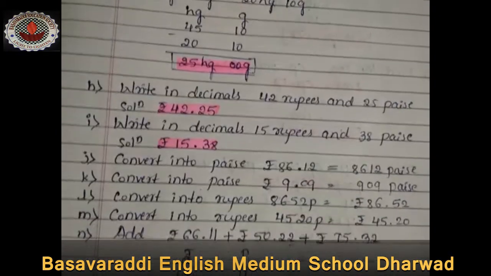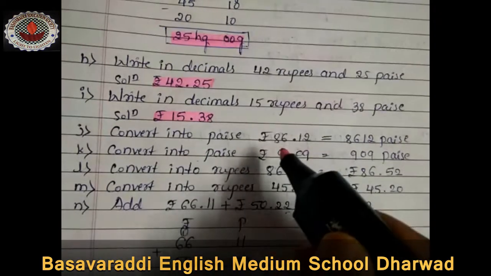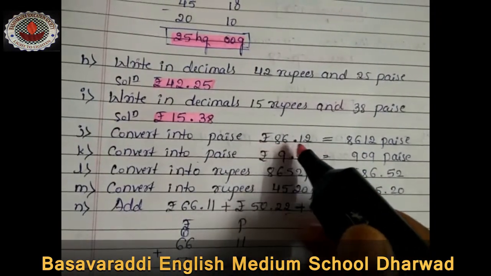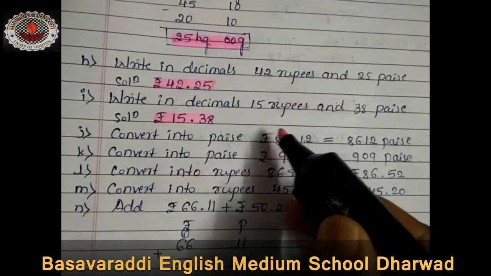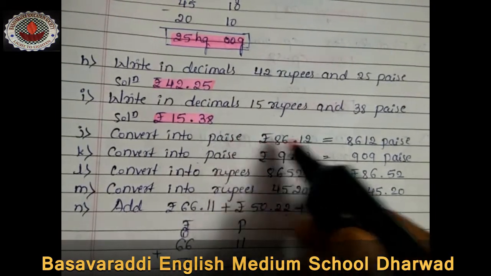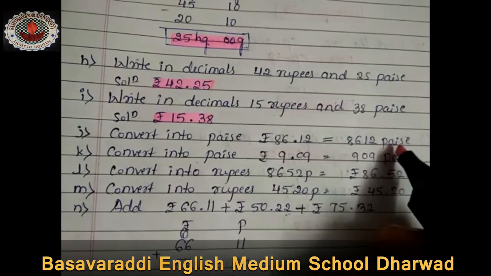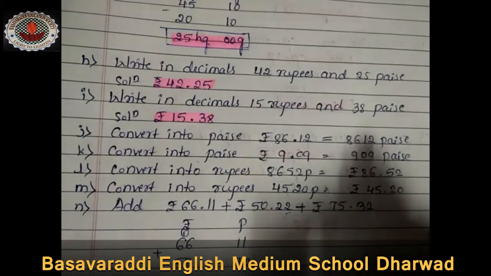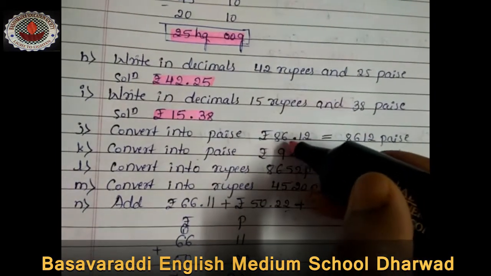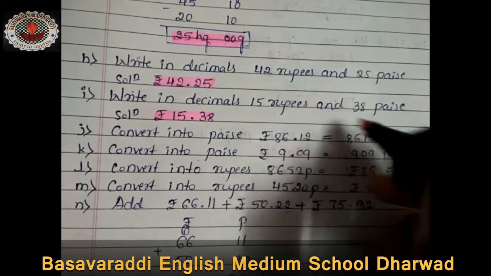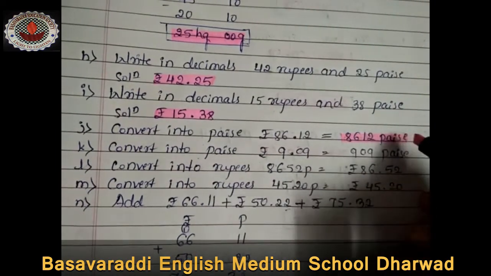Next, the J question. Convert into paise. Question is rupees 86.12. So we have to convert this one to paise. That means 8612 paise. It means 1 rupee is equal to 100 paise, so we convert 86 rupees 12 paise, it becomes 8612 paise.